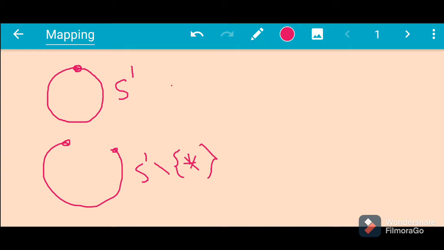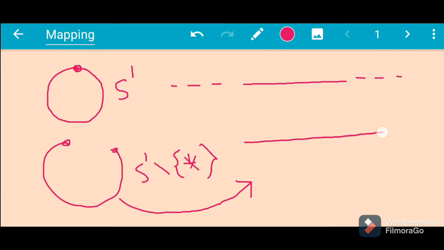Now this arc, you can stretch this arc to form a straight line. Now we can prove that we can develop a function from this arc to the real numbers, and that particular function could be a bijective map. I don't think that I can prove the entire bijective function in this one video, otherwise the video will be too long. So let me just define the function.